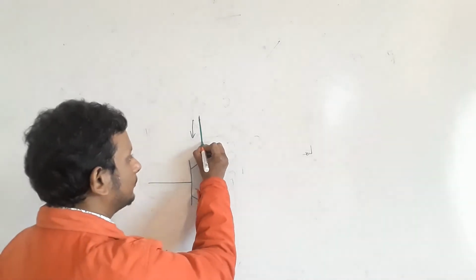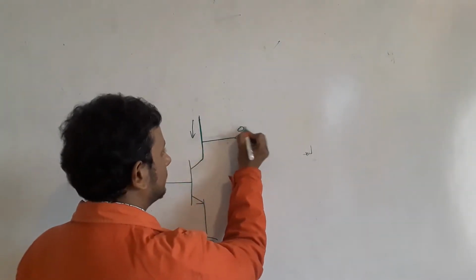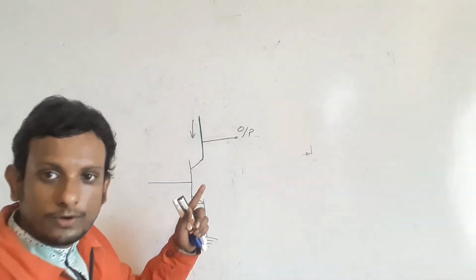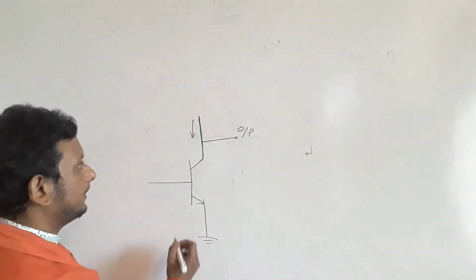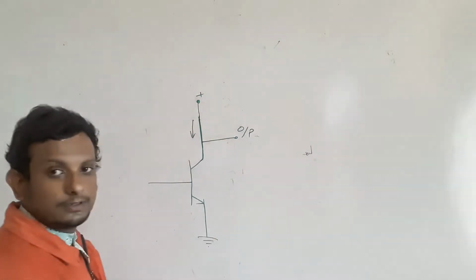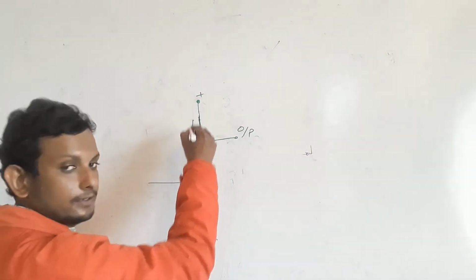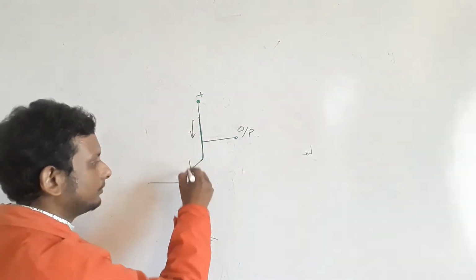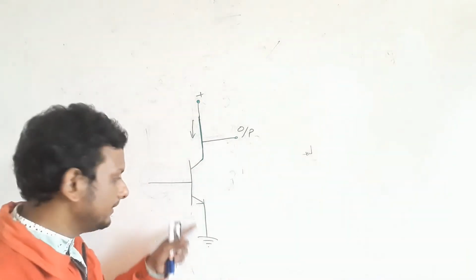So if we take an output over here, what will happen? We have applied some voltage over here, so there will be a current which has a tendency to flow through the transistor and be grounded.